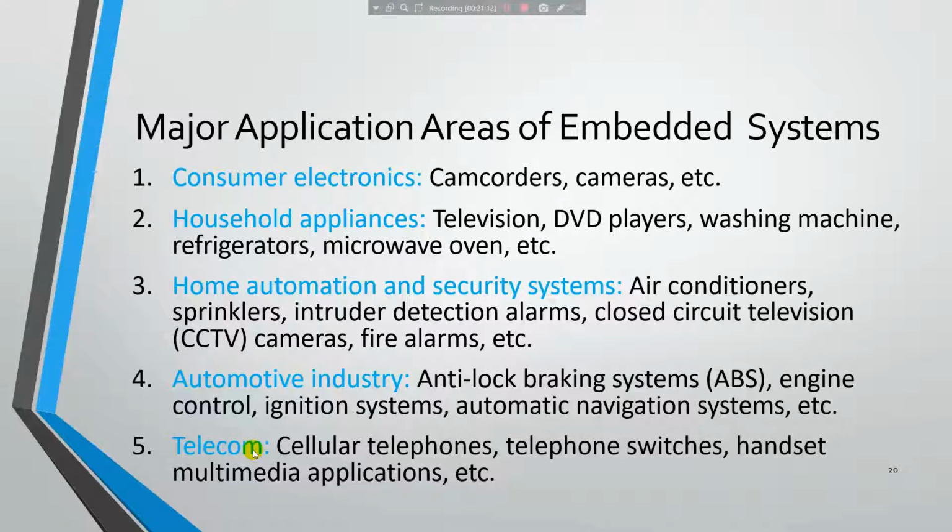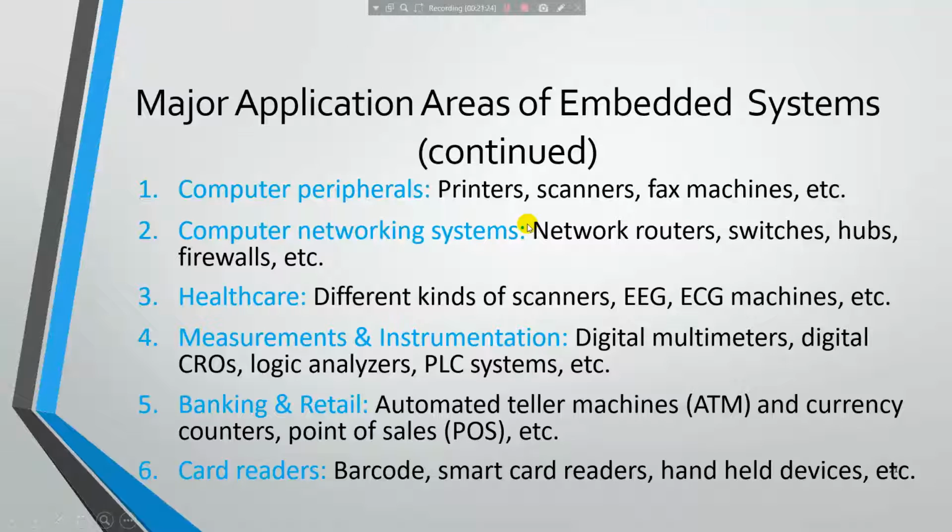And telecommunication, if you see, there are cellular telephones, telephone switching, handsets, multimedia applications, and so on. And a few more major applications you can see here. Computer peripherals: printers, scanners, fax machines, etc. And computer networking systems like routers, switches, hubs, firewalls, etc. And in healthcare, you can see different types of scanners and machines like EEG and ECG machines.